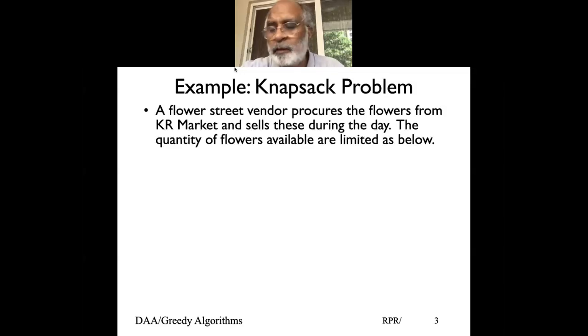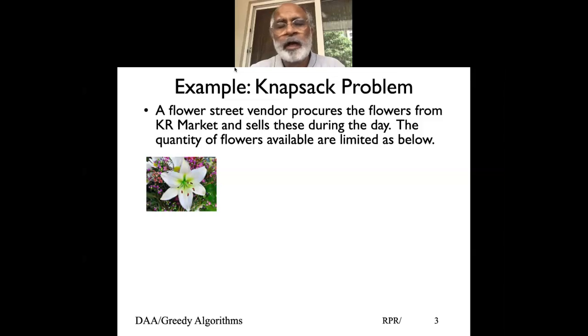So let's say you are a flower vendor, a street flower vendor. He or she needs to sell flowers, and the vendor buys flowers from KR market and sells during the day. KR market puts a restriction that no vendor can buy more than 8 kgs of lilies.